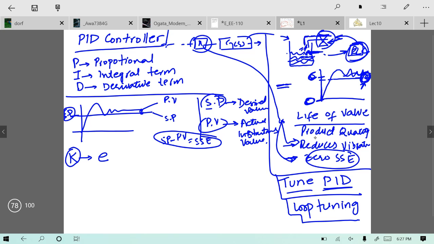And here it is 0, so this value will be 0. So the output of the proportional controller would be proportional to the magnitude of the error. So eventually it will be an amplified kind of response when you have installed a proportional controller.